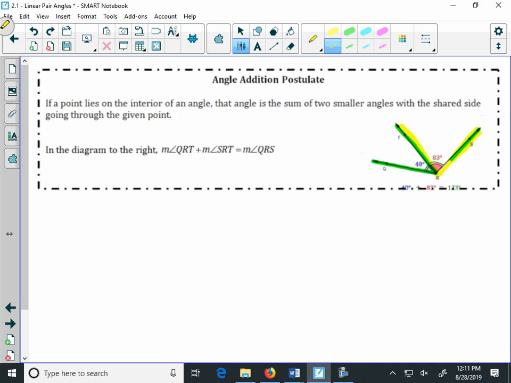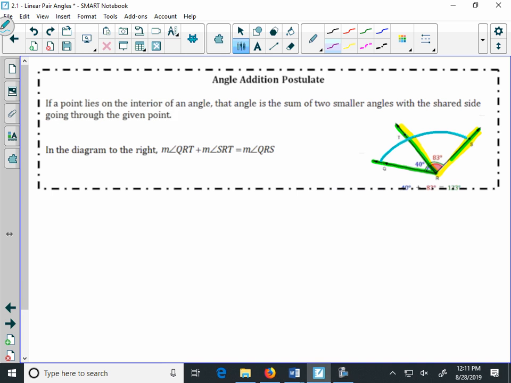Which means when you add them together, it equals the entire big angle. That's what the angle addition postulate means. If we add the two little things together, it's going to equal the big thing. That's why it's a postulate. You don't really have to do any work to prove it.